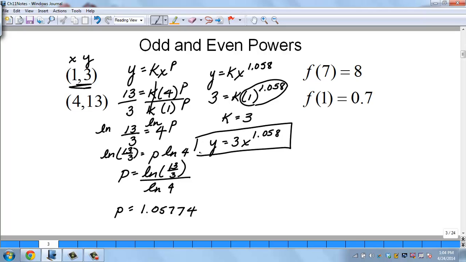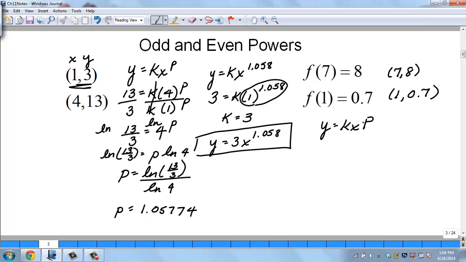All right, let's try another one. I have f of 7 is 8 and f of 1 is 0.7. There's my independent and dependent values. Okay, so y equals kx to the p.